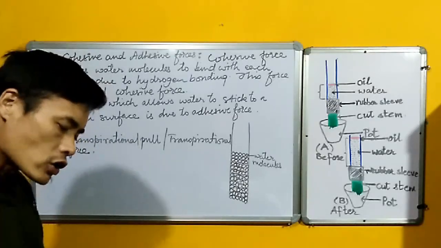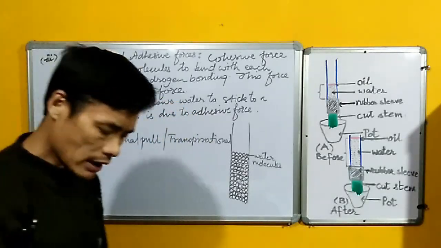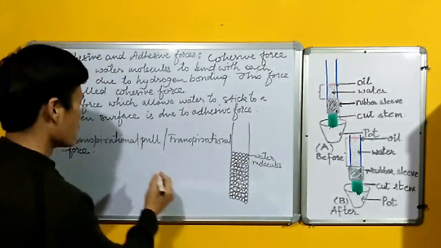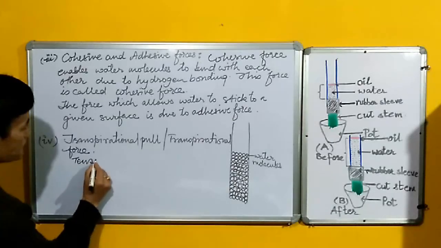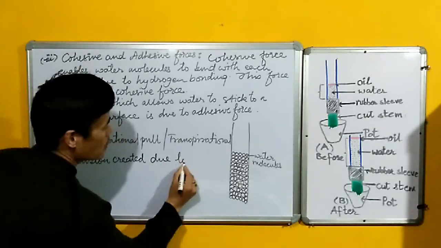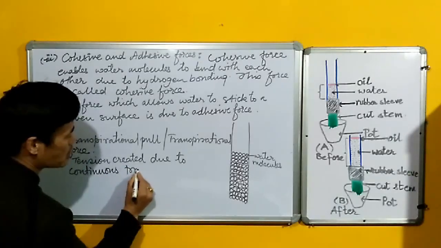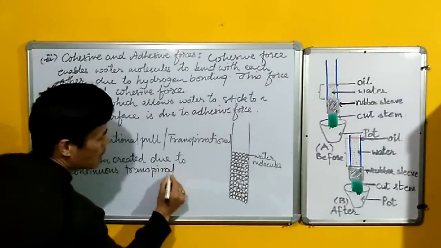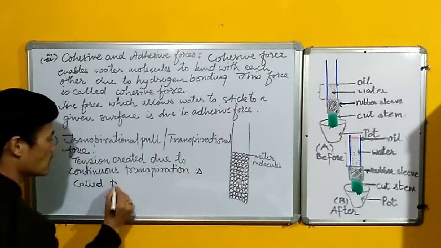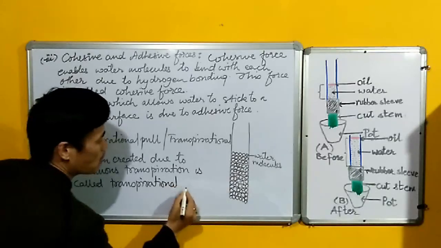This creates a suctional pull on the water column that is present in the xylem vessel. This suctional pull, or the tension created due to continuous transpiration, is called transpirational pull.